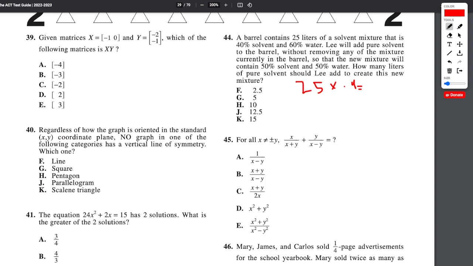So 25 times 4 is 100, but then there's a point, so that's 10. So you can think like this. You're going to take 10, and then to that you're going to add x. It's going to be 10 plus x. And that is going to equal 25 plus x times 0.5.